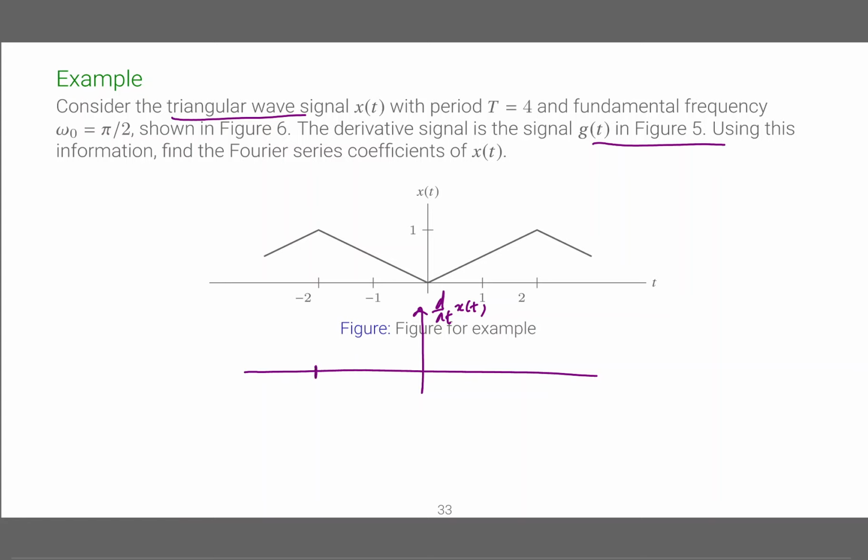Let's just start from here. From 1 to 0, it decreases in a period of 2. So therefore this is minus half, and then this increases from 0 to 1 over a period of 2. So it is half. So you can see this is the signal.